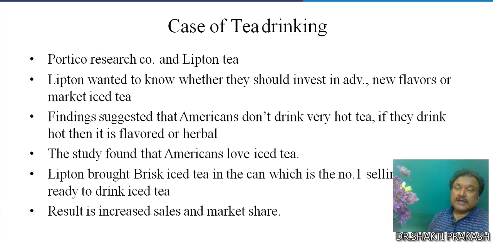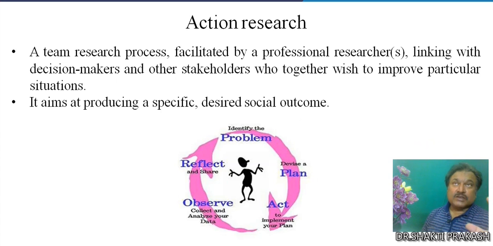So they developed Brisk tea, which is ready-made and the number one selling brand of ready to drink iced tea. This is the way we can study based on ethnographic research studies. Now we are coming to the next topic.